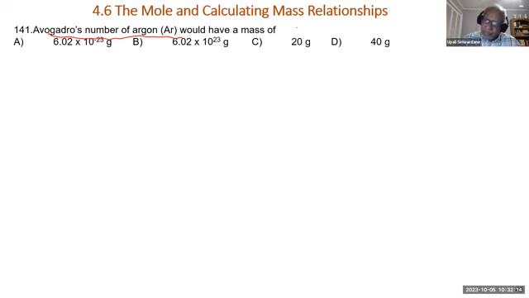Normally, to get the mass of 1 mole of a substance, you look up the periodic table and get the formula weight of argon, which is 40. Therefore, 1 mole means it has to be 40.